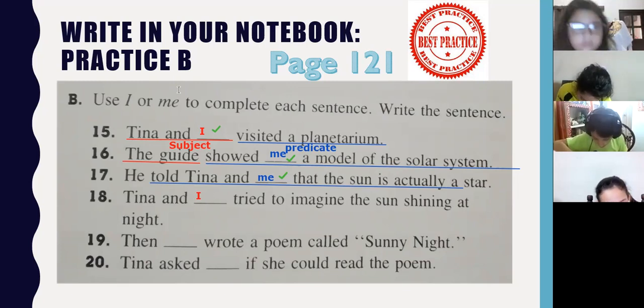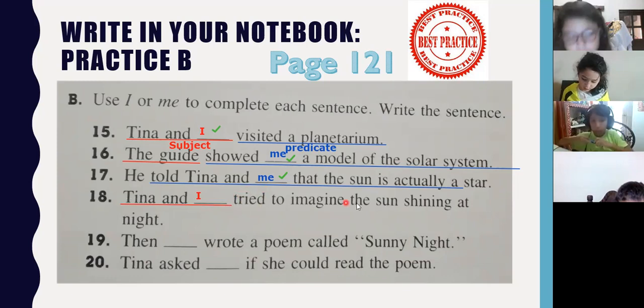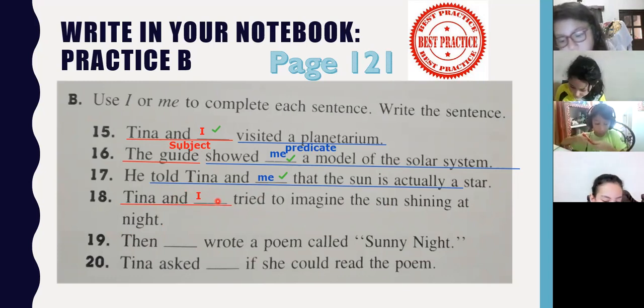Tina and I, it's on the subject. So we are going to use I because we're talking about the subject. If you notice the verb, it's try. So from try until the end, it's a predicate, but we're looking at the subject. So Tina and I. Excellent. Let's put a check here.